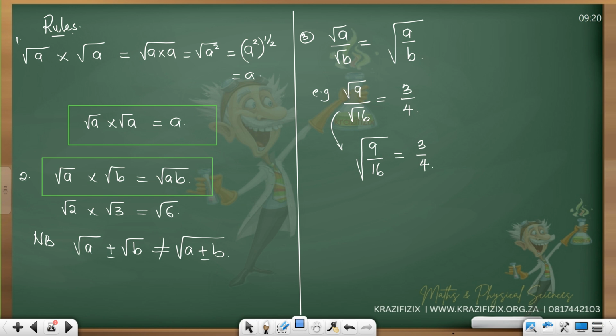So please take note of rule number 3. I can split it. Root of a over b is the same as root a over root b. Root of ab is the same as root of a times root of b.